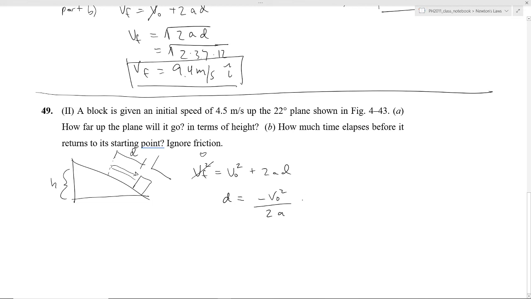Let's put our numbers in here. So this will be 4.5 squared, over 2 times our 3.7. Crunch the numbers, we find that this is 2.8 meters.